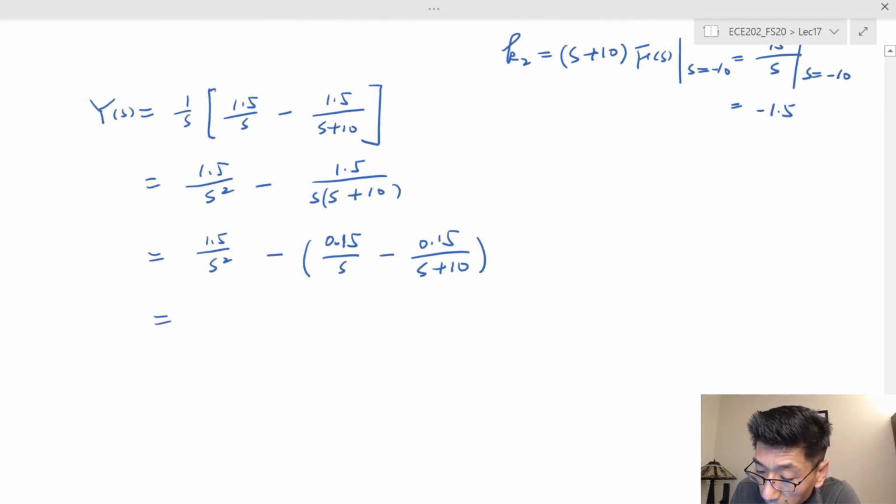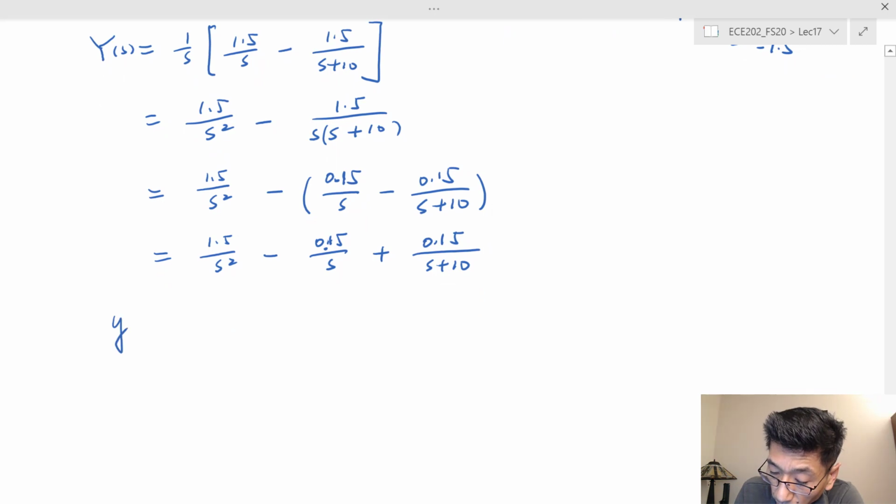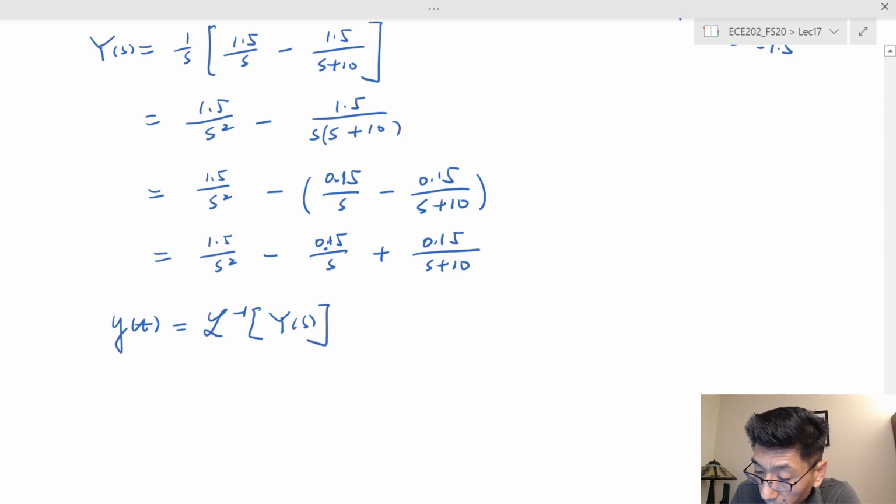In this case, I have 1.5 over s squared minus 0.15 over s plus 0.15 over s plus 10. If I do the inverse Laplace transform, y(t) is going to be the inverse Laplace transform of Y(s). The first one here, that 1 over s squared, should be a ramp function, so that's 1.5 t times u(t).